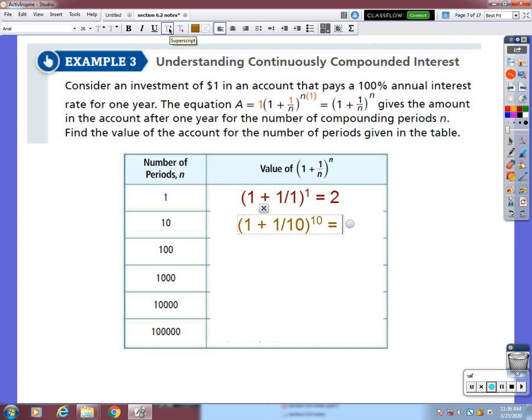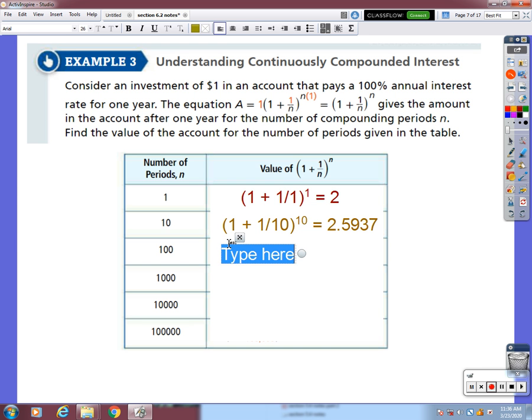And if I do that, 1 plus 1 divided by 10 to the 10th power works out to be 2.5937. So you can see that we have compounded quite a few more times per year, and so now our amount of money has gone up.